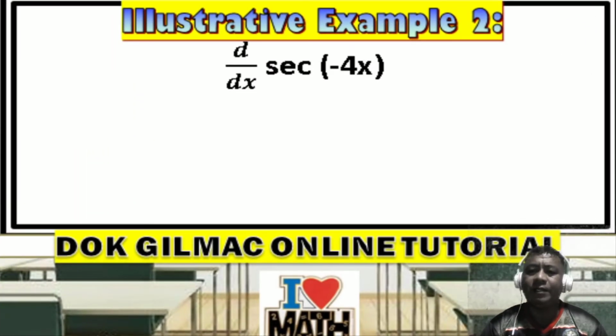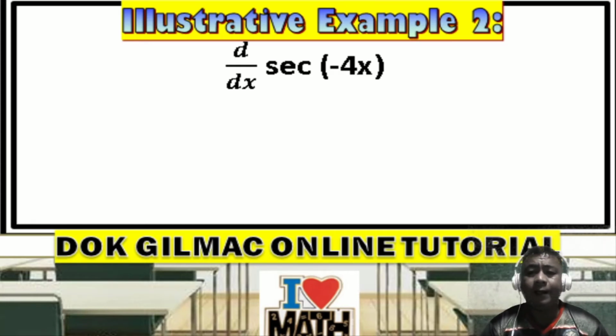Consider illustrative example number 2. d over dx of secant of negative 4x. So as you can see here, the angle for the secant function is negative 4x.